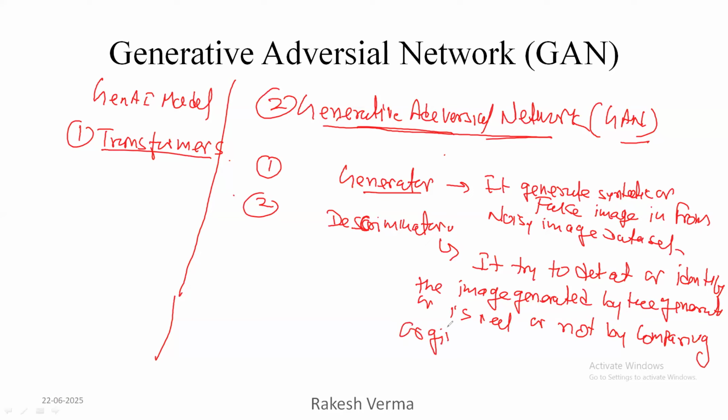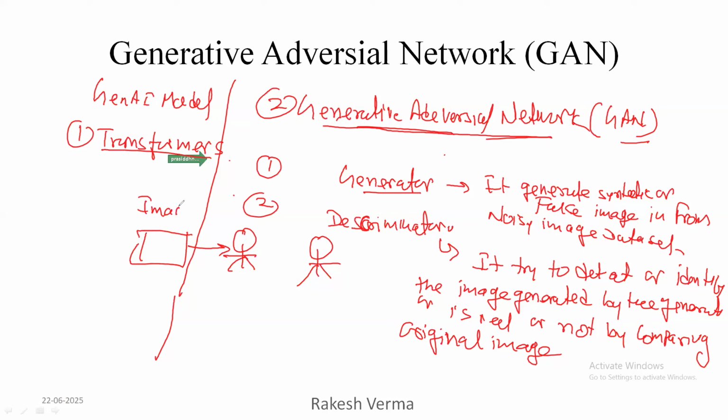So both are competitors. The generator is one component and the discriminator is the other component. The generator tries to take some noisy data, a lot of noisy image data, and generate one image.